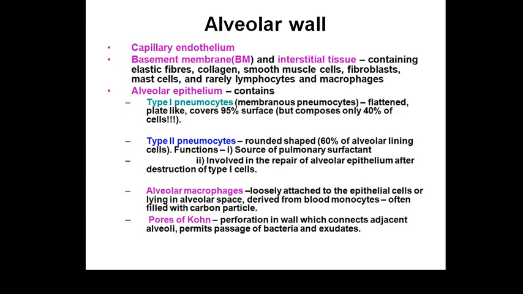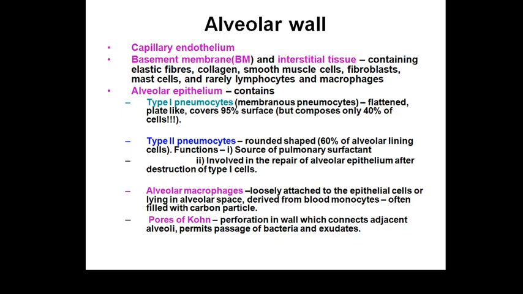Now numerous submucosal mucus secreting glands are found in the wall of the trachea and the bronchi, but not in the bronchioles, as we have already discussed that bronchioles lack cartilage and the submucosal mucus secreting glands. So this is the histology of the respiratory tract.